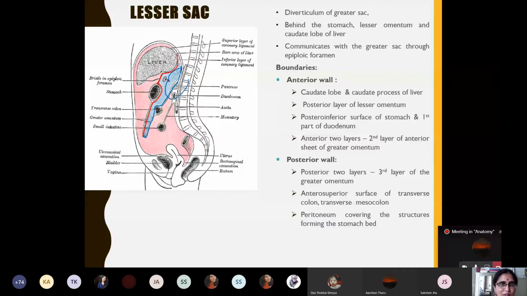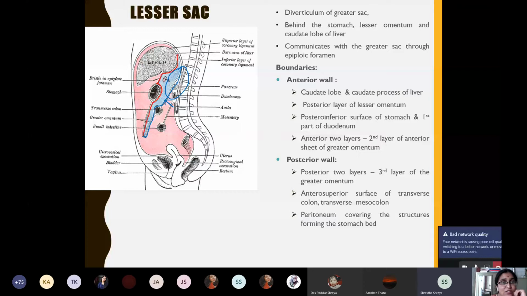Can you see this? I'm encircling. Peritoneum covering the structures forming stomach bed. Very good. Then below this, what is this? Anterosuperior surface of transverse colon and the, no, transverse mesocolon.